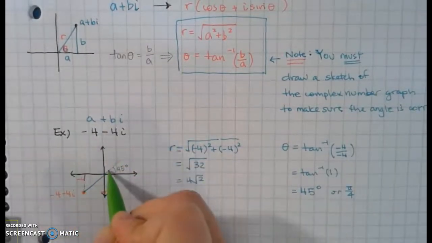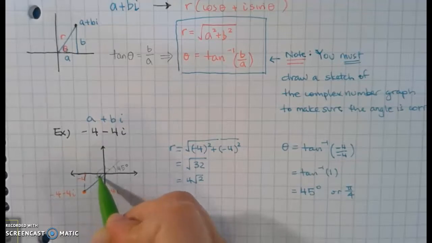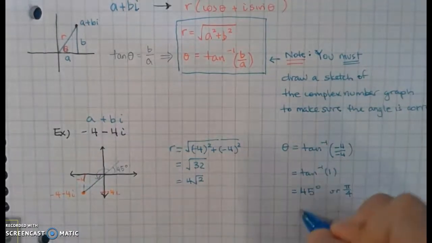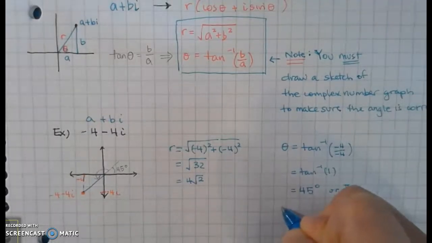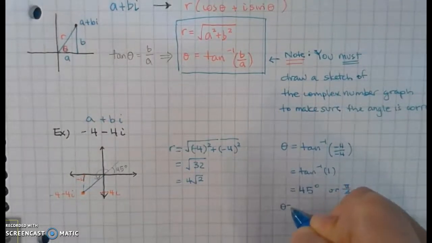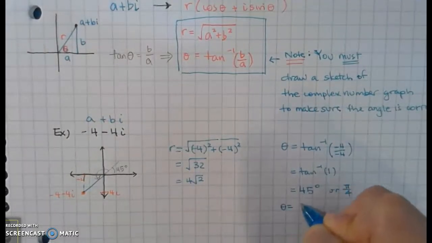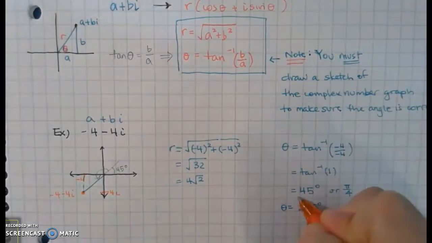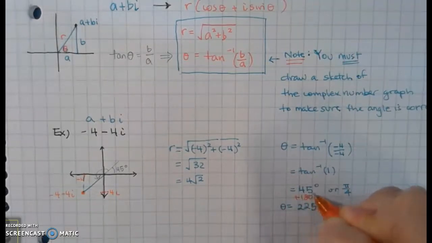So what I need to do is add 180 degrees to this, so that the actual theta is going to be 180 plus 45 degrees, so that's 225 degrees. So I needed to add 180 degrees to it.